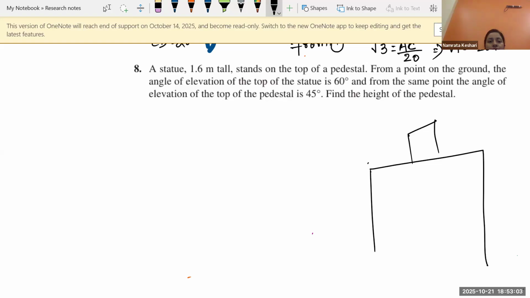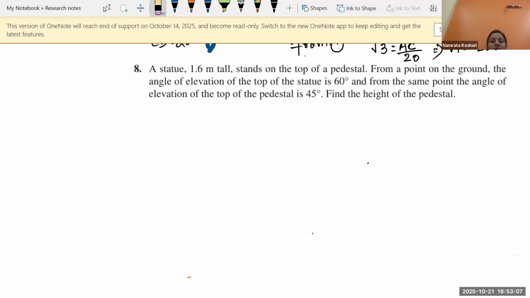Yes or no? Yes, ma'am. So here also a statue which is 1.6 meter tall stands on the top of the pedestal. So there is a pedestal and on the top of that the statue is there. If anyone always struggles with drawing the figure, that means the student is not reading the question carefully.